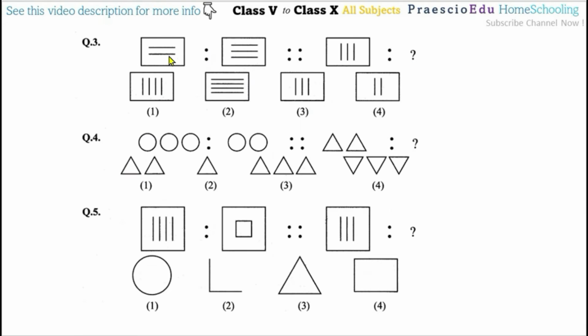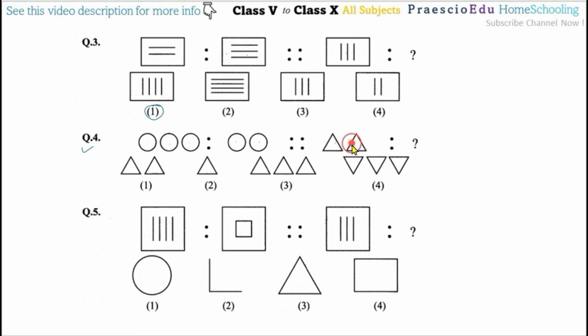Now question number 3, two horizontal lines, now one gets added, so here 3 horizontal lines. So here 3 vertical lines, one gets added, means 4 vertical lines, and this is given in option number 1. Now question number 4, 1 2 and 3, 3 circles, one gets reduced, so now 2 circles are there, means the relation is the reduction of one figure.